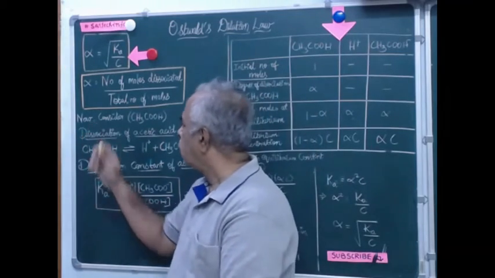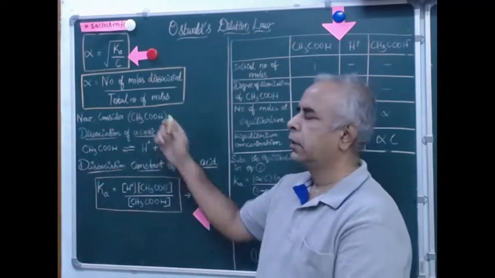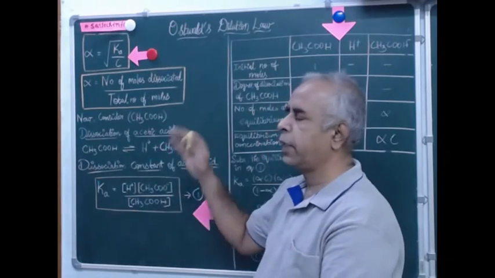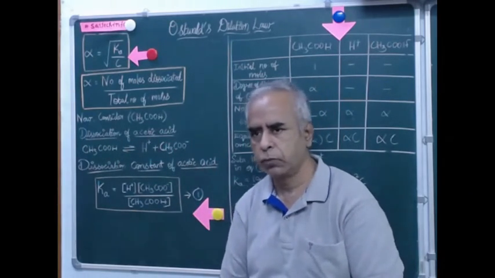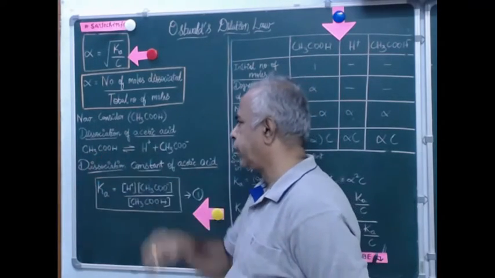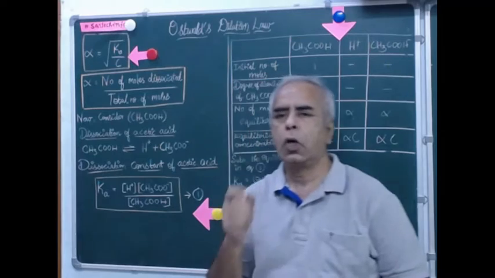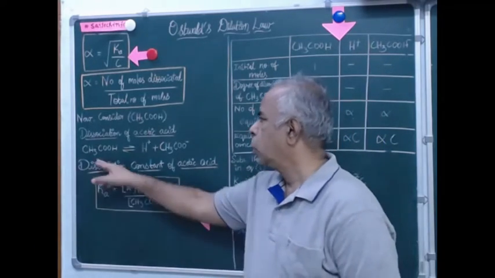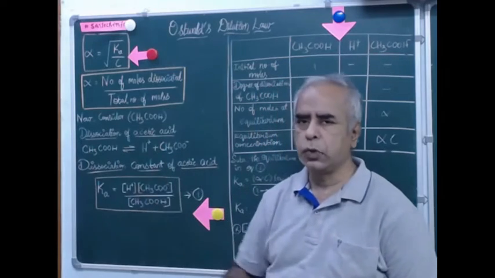Now, let us consider acetic acid, a weak acid. Let us consider the dissociation of this weak acid. As I already explained about weak acids, it has the least tendency to get dissociated, and they don't readily dissociate.